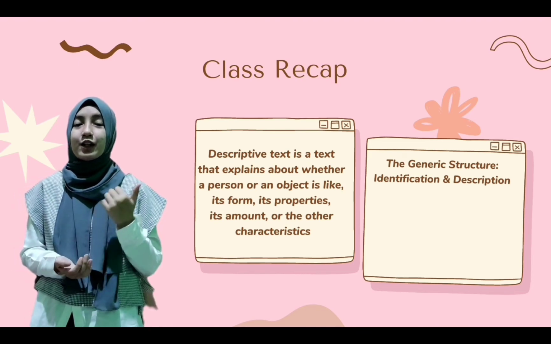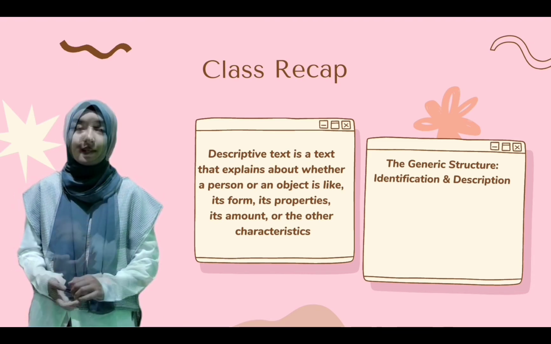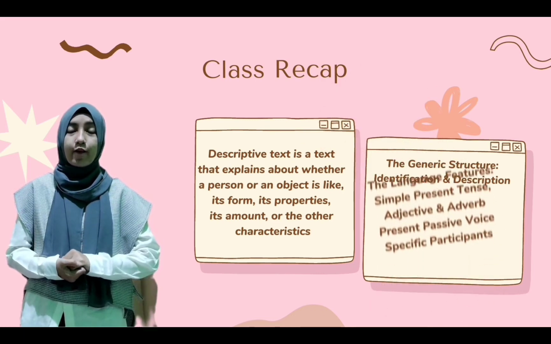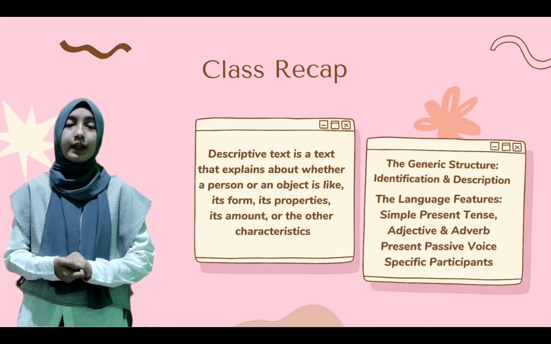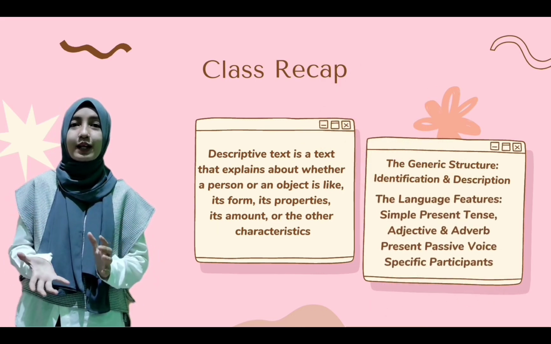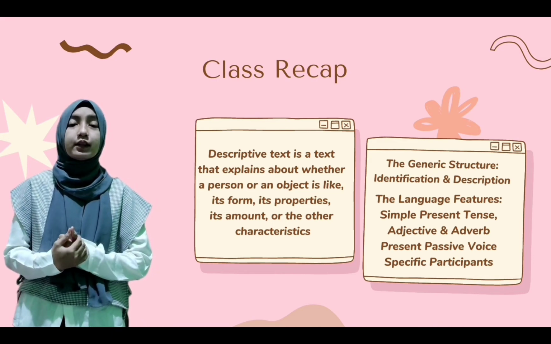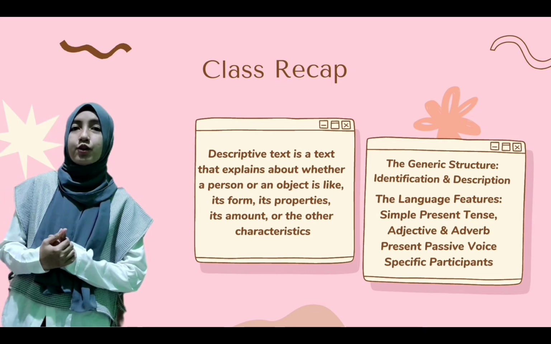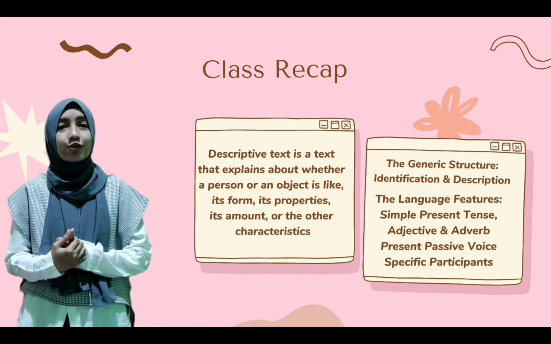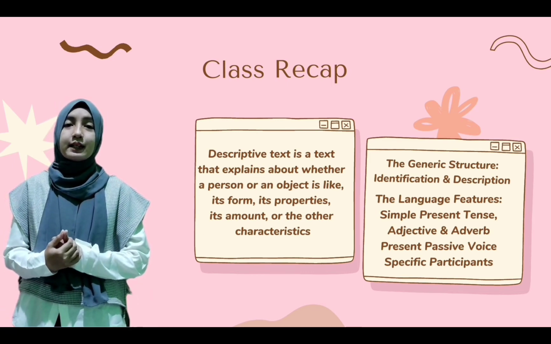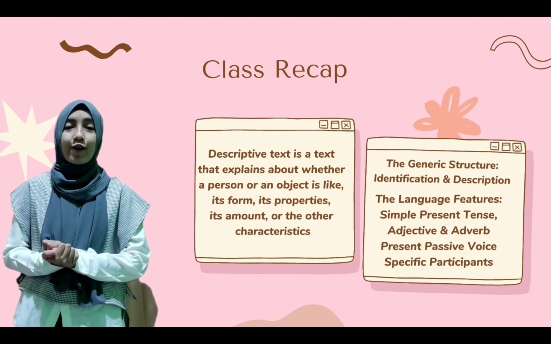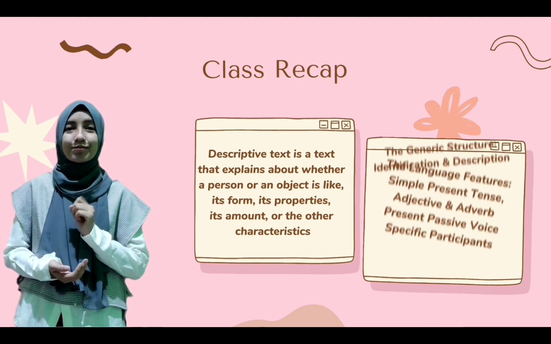There are identification and description. And last, we have also discussed the language features of descriptive text. There are the use of simple present tense, the use of adjectives and adverbs, the use of passive voice, and in descriptive text, there is only one specific topic.